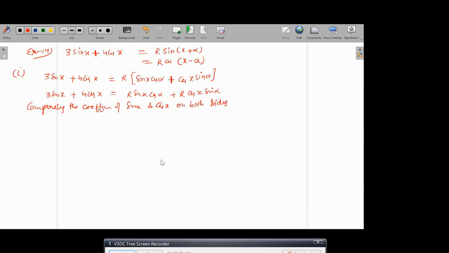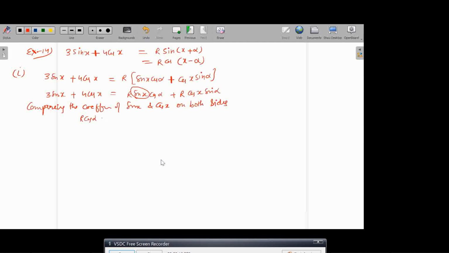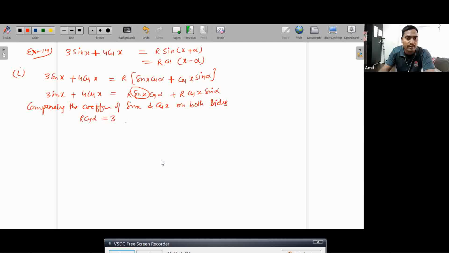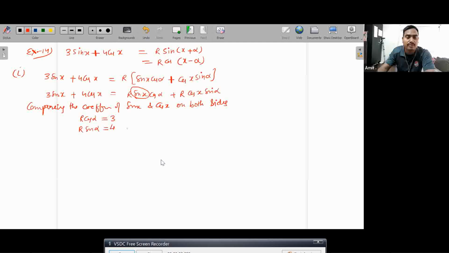The coefficient of sin x is R cos alpha, so R cos alpha is equal to 3. And R sin alpha is equal to 4.